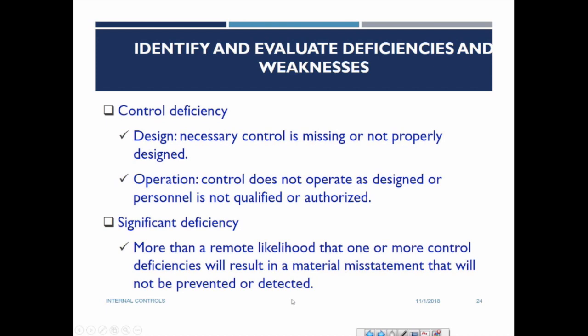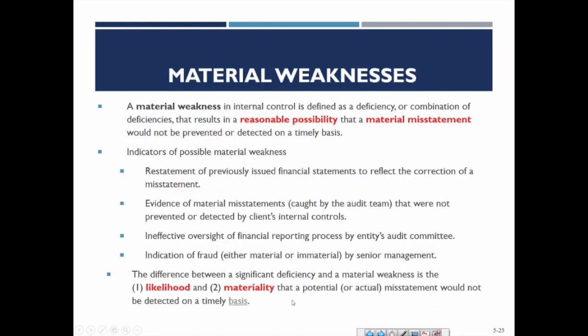Then we have a material weakness, and a material weakness is what results in an adverse opinion on the report on internal control. And so a material weakness is defined as a deficiency or a combination of deficiencies that results in a reasonable possibility that a material misstatement will not be prevented or detected on a timely basis.